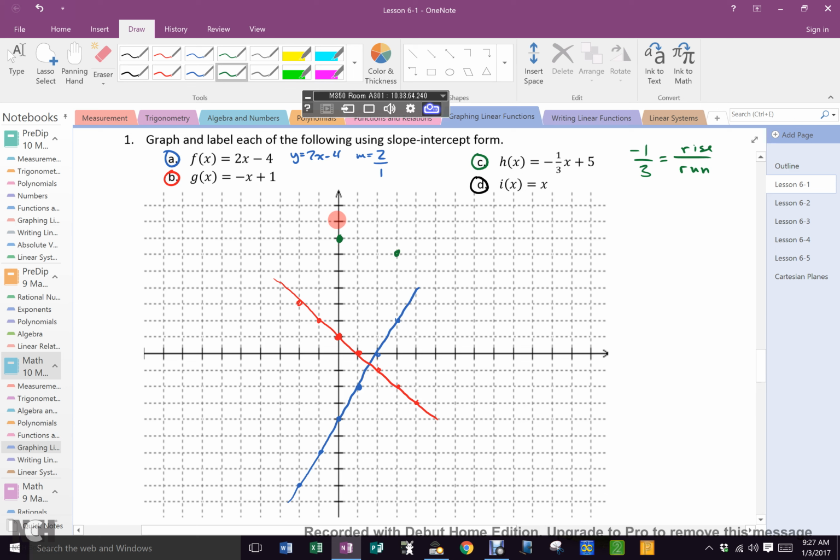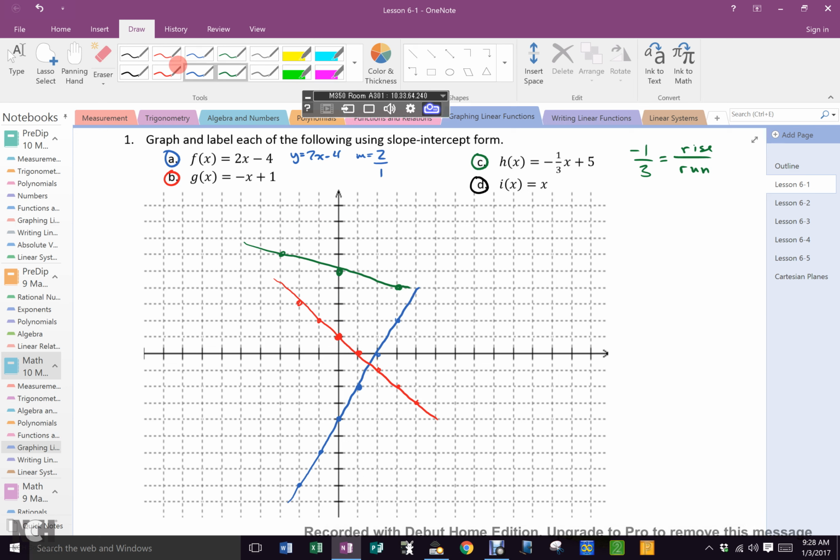Could I also go up 1 and left 3? I did indeed. Down 1 over 3 and up 1 over 3. And then I would draw that line. Is everybody cool? All right.